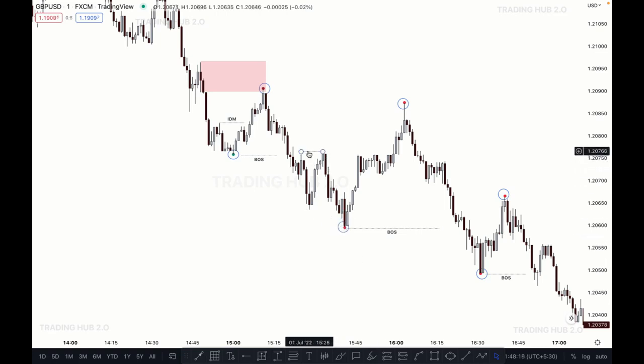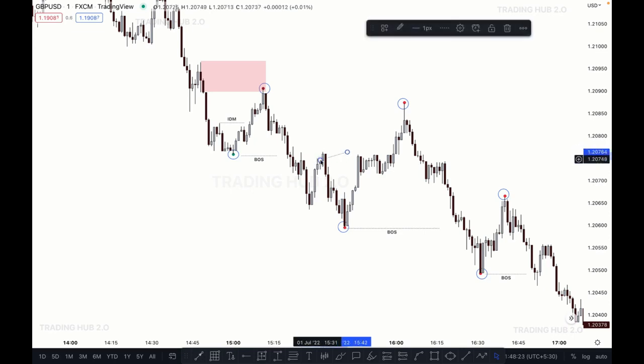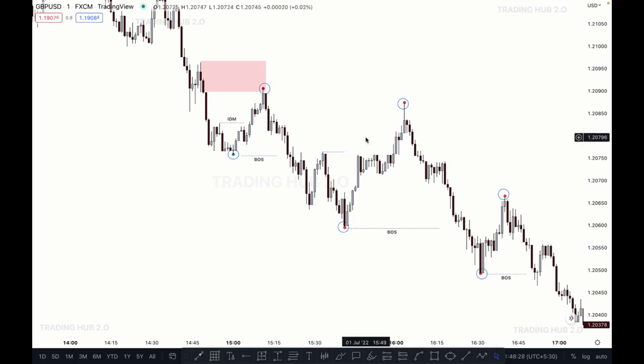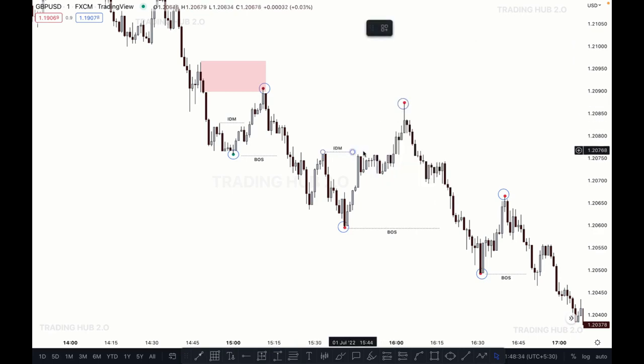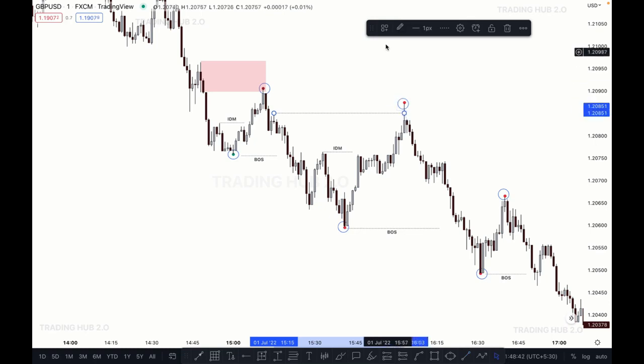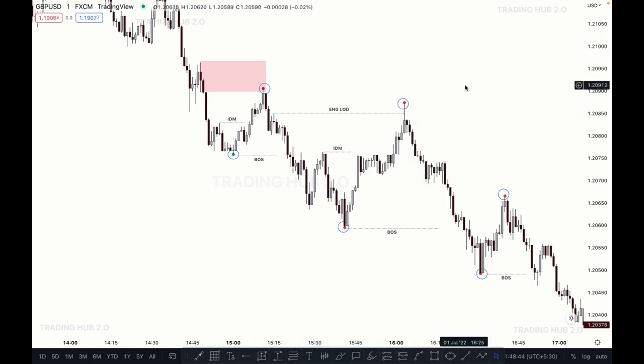So now our inducement shifts here, and this high becomes our new inducement. The market must take out this high before going downside, and then the market took this high, and again pushed higher to take more liquidity, which is here, and this one is called engineering liquidity.